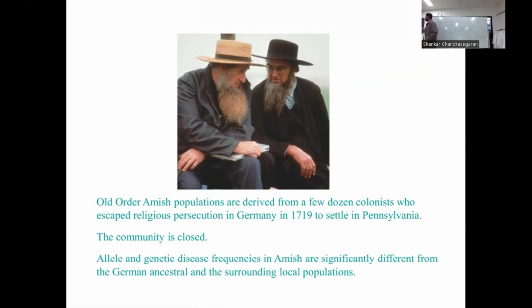Old Order Amish populations are derived from a few dozen colonists who escaped religious persecution in Germany in 1719 to settle in Pennsylvania.